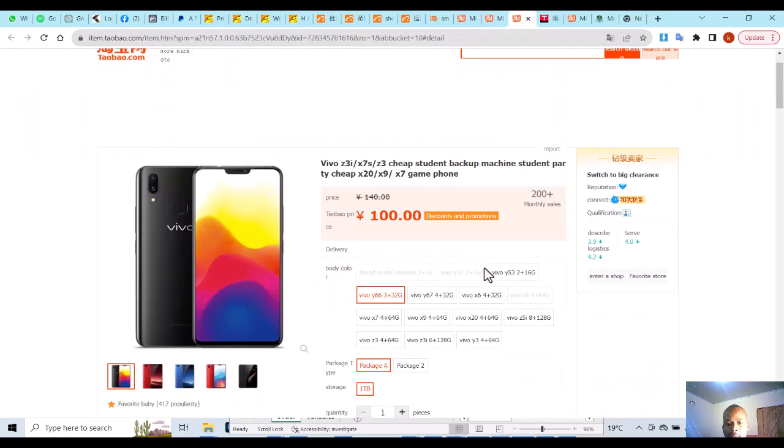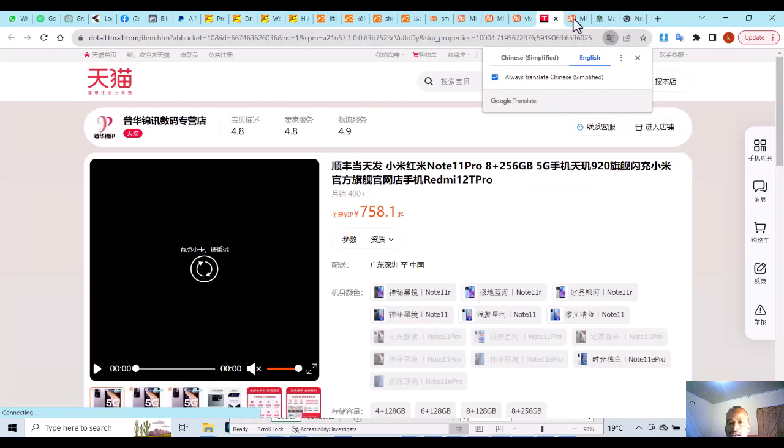For example, you can get a Vivo phone with 3 GB RAM and 2 GB space at 100 yuan, which is 26,000 kwacha. You can get even this one with 4 GB RAM at around 27,800 kwacha. It's even at a discount. You can check here. Most of the used products here are cheap.